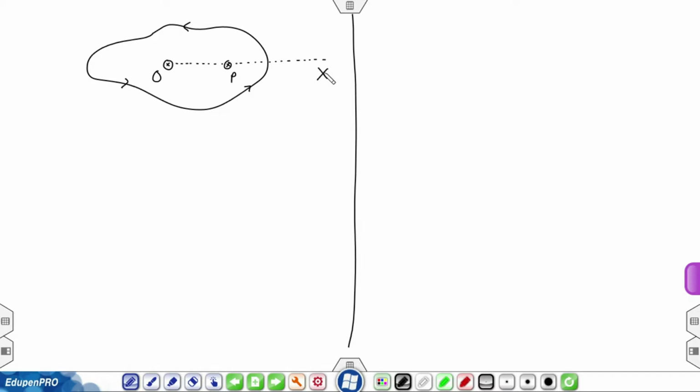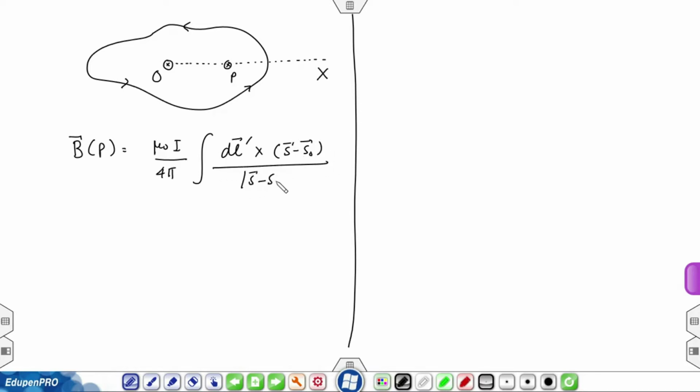So, B at P is given as mu 0 I over 4 pi integration d l prime cross s minus s 0 over magnitude of s minus s 0 cubed.